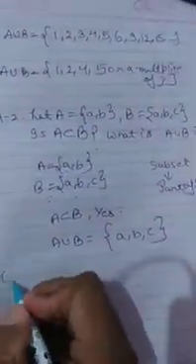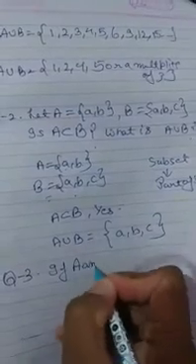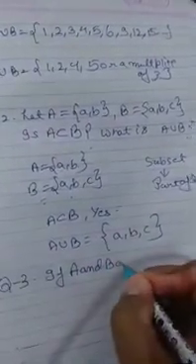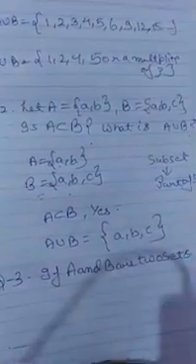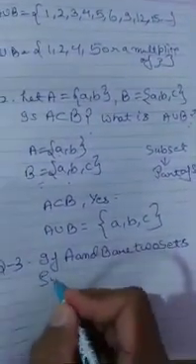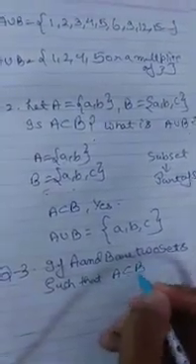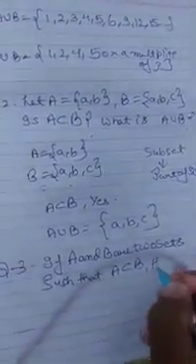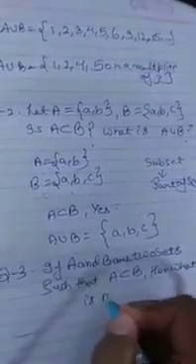Okay. Now question number 3. If A and B are two sets such that A is a subset of B, then what is A union B?